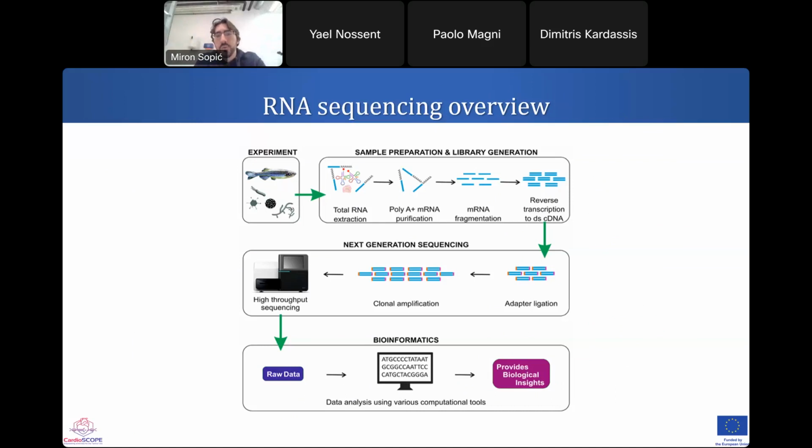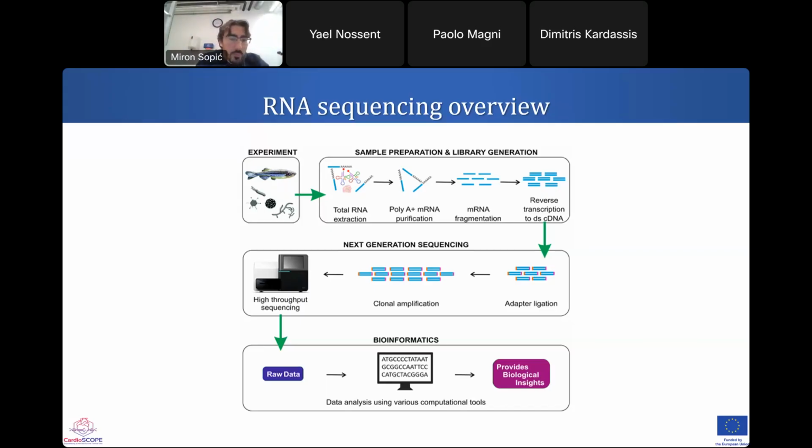Then we go to the preparation. Several steps need to be taken before actual sequencing. We will discuss this. Then you go into actual sequencing. Then you get a lot of data. Then your actual headache starts at this point, because you need to know what to do with this data and how to comprehend the data.